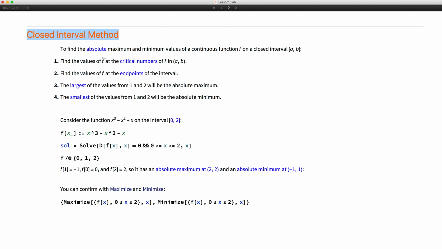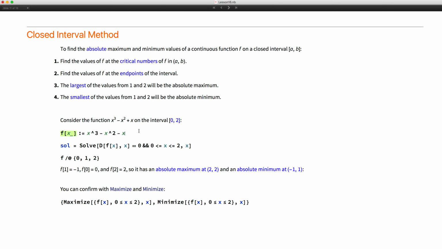What it says is that to find the absolute maximum and minimum of a continuous function on a closed interval, you first find the critical numbers, find the values of the function at those critical numbers, then work out the value at the endpoints, and then the largest of all those values is the absolute maximum, and the smallest value will be the absolute minimum.